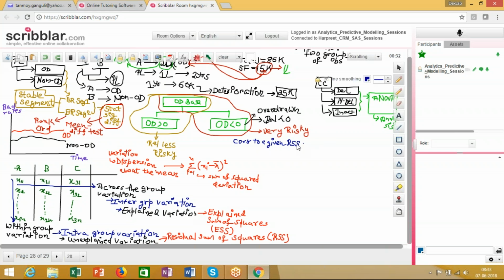Or corresponding to a given RSS, the explained variation is what? ESS. The explained variation is ESS.